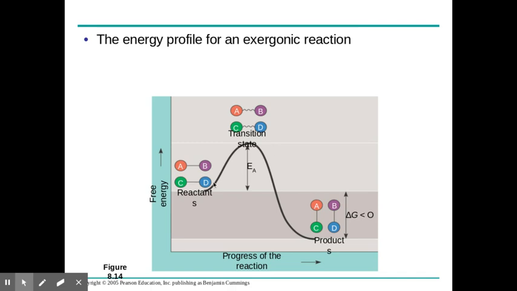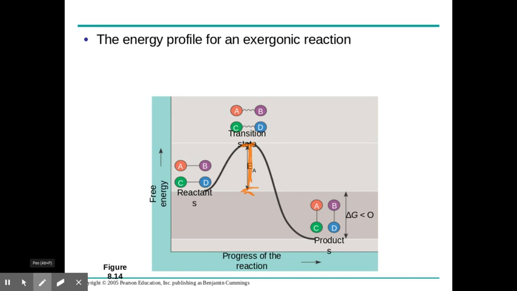Okay, this is a really important graph. This shows here's our reactants, here's our activation energy. Let me grab my pen here. From here to here is our activation energy. This is what energy we need in order to get this reaction started.